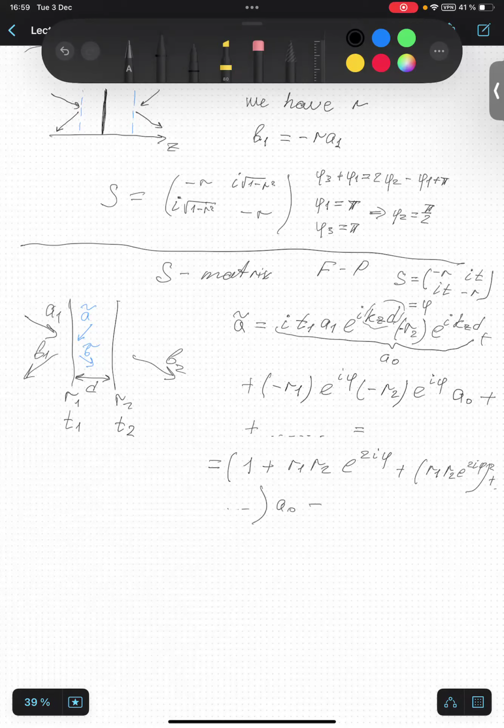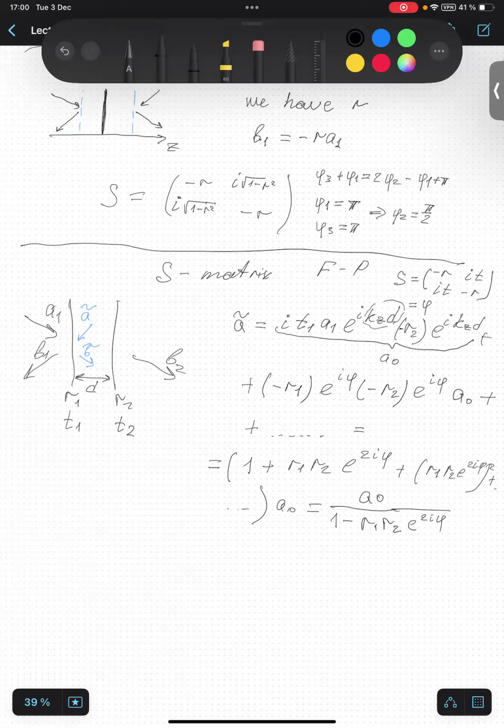Or we can simply write that it equals A0 divided by 1 minus R1 R2 e to the 2i phi.